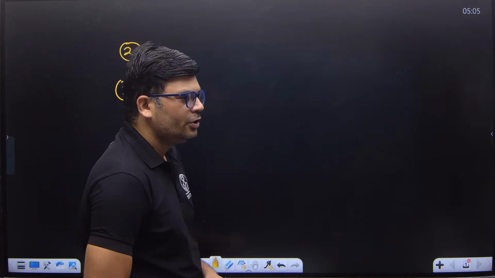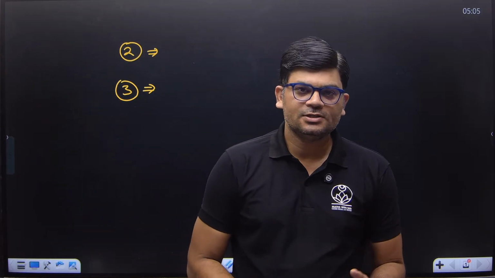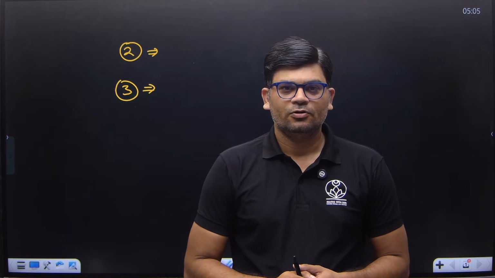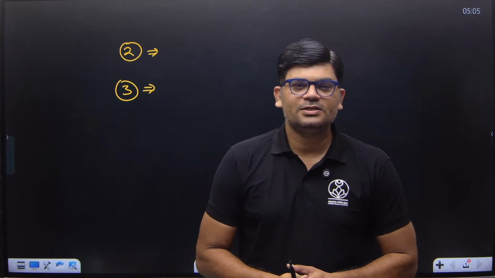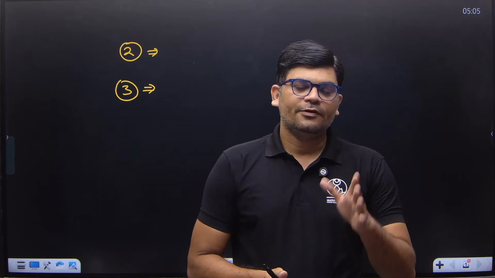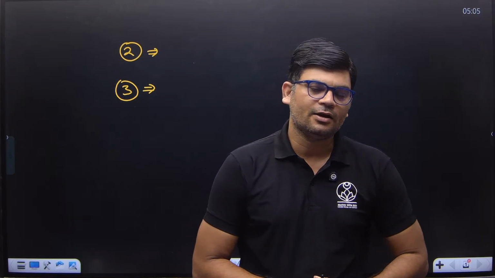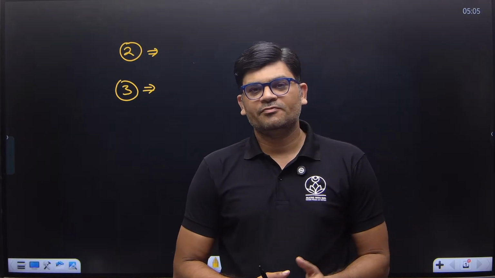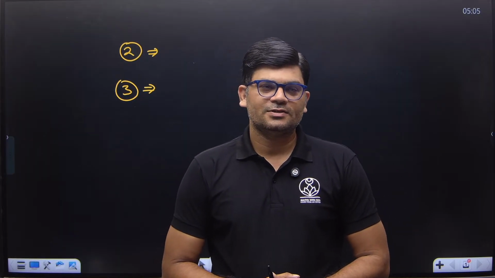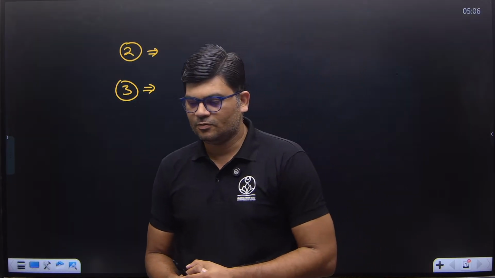And before that, I told you about digital sum. What is digital sum? By adding all the digits of a number. If the digital sum is 3, 6 or 9, then the number is divisible by 3. If it is not 3, 6 or 9, it is not divisible by 3.